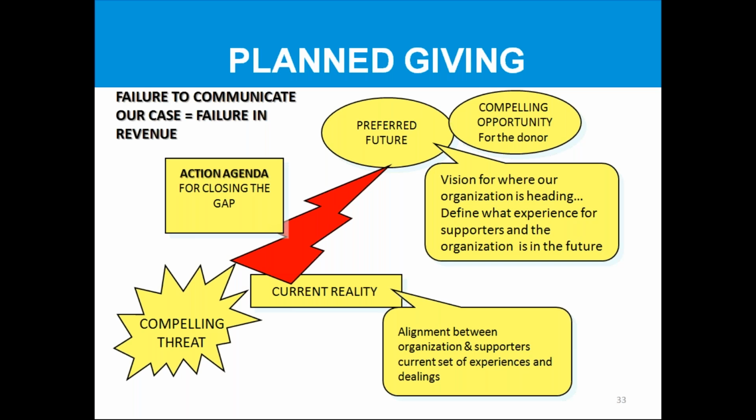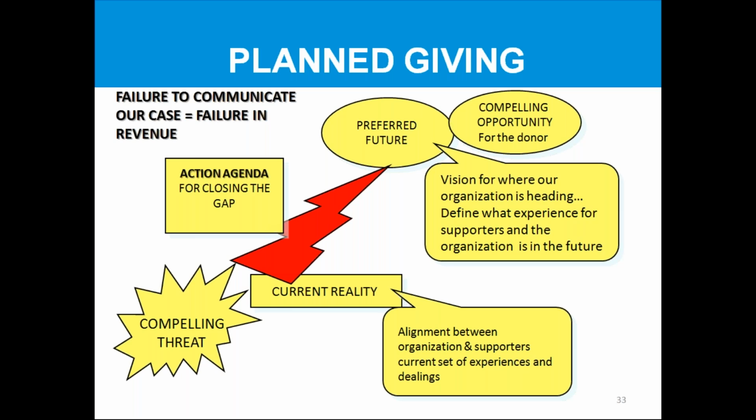This is one of my favorite slides that I give in my presentations. I want them to know every single organization, every single charity that's out there, there's a compelling threat, or we would not be fundraising to close that gap. We want to know what the preferred future is.